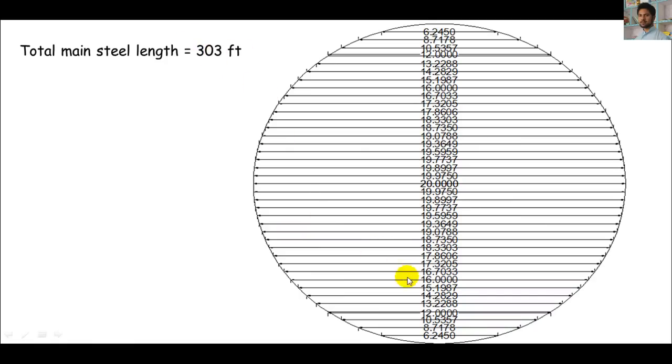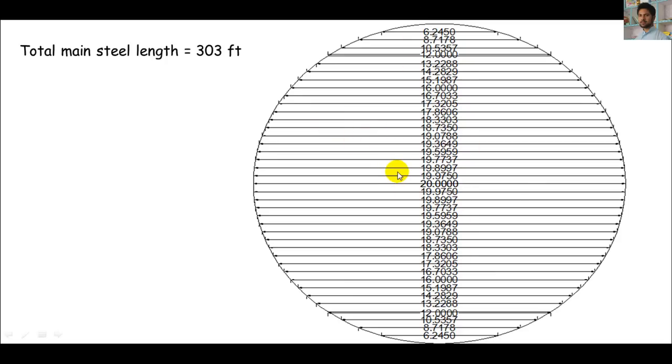This 303 feet is the addition of all these. You just add these by yourself. I have summed these using my calculator. I might have a little mistake, therefore I'm requesting you to calculate these by yourself.